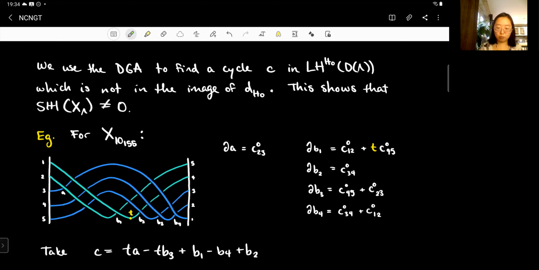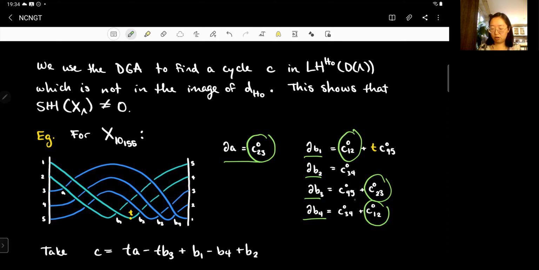So we're going to recall the differentials of these terms, and note that each C0 of ij term appears twice in all of these words.